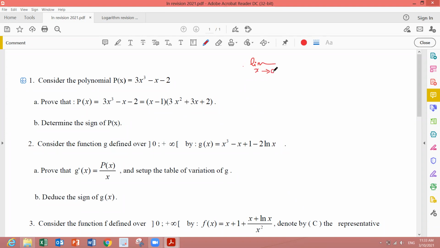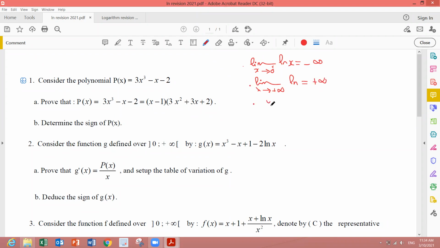The limit as x tends to 0 plus of ln x equals minus infinity. The limit as x tends to plus infinity of ln x equals plus infinity. This is about the limits.